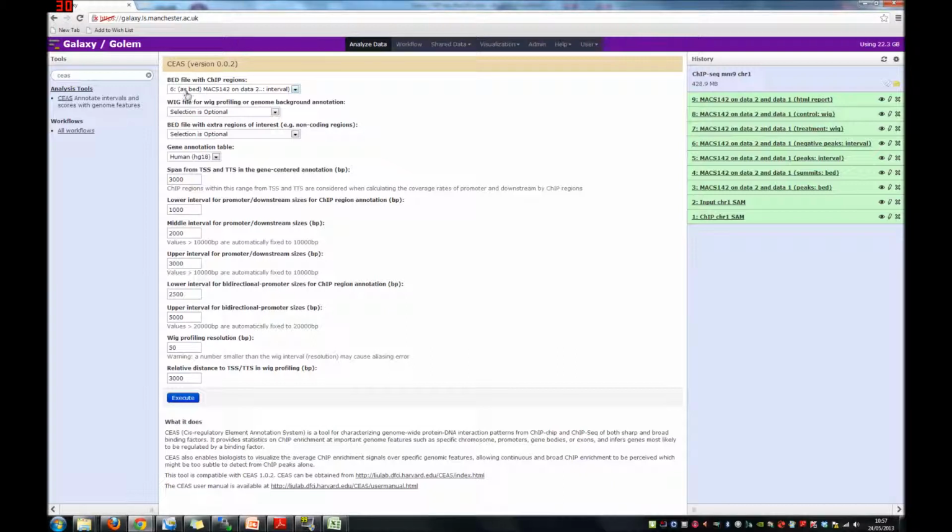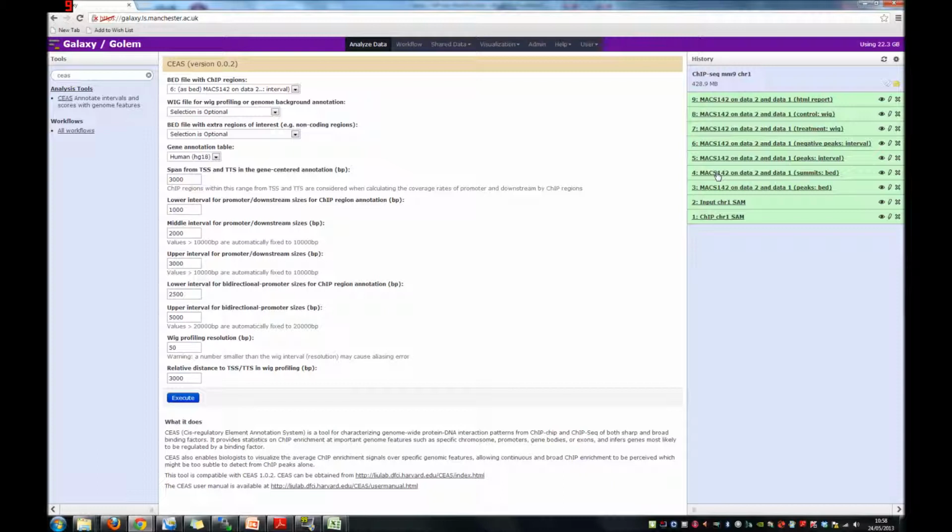Okay, so it requires from us a bed file of ChIP regions. We have all this from MACS in our history already. I'm actually going to provide it with the summits file. When you provide binding regions to CEAS, it finds the midpoint of each one and then looks to see how close that is to a set of annotated genes.